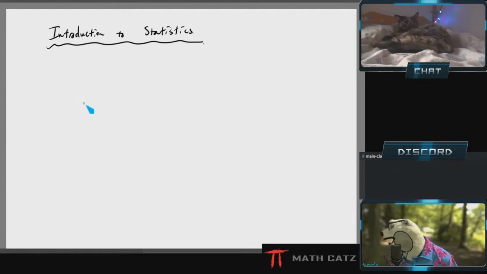So when we think of statistics, we have two main goals, and I'll just write some notes here as we go. Main goals. First one certainly is to describe information effectively.